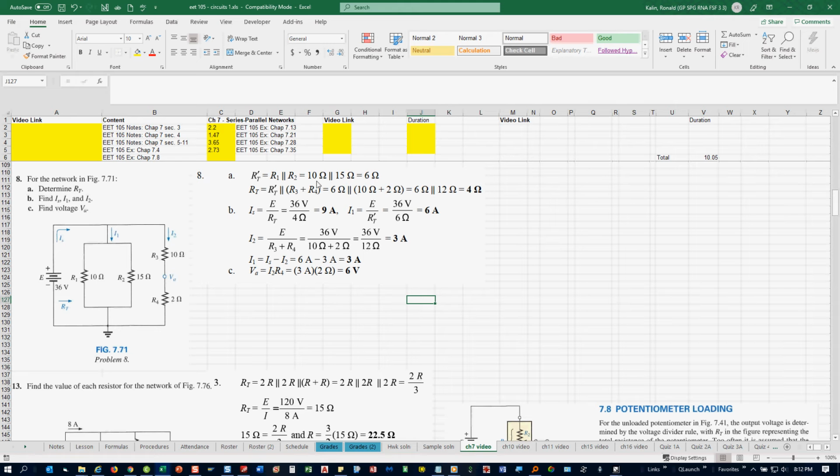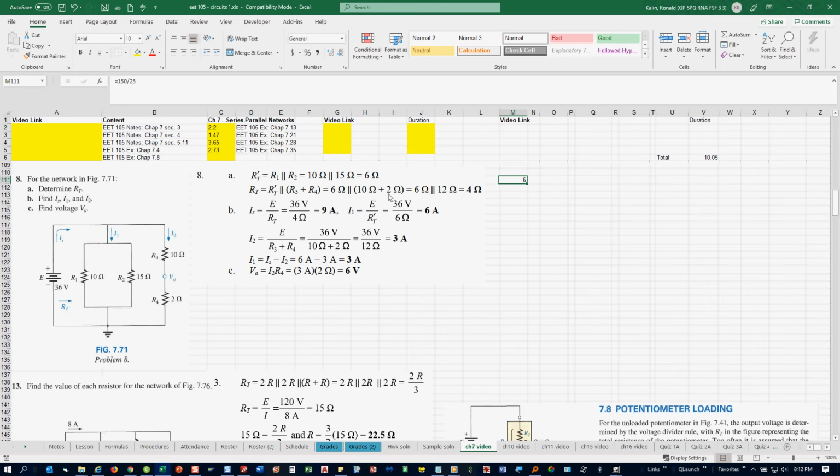10 times 15 divided by 10 plus 15 is 150. So that'd be 150 divided by 25 equals 6. And then R sub T is going to be this block parallel with this block being R3 plus R4.